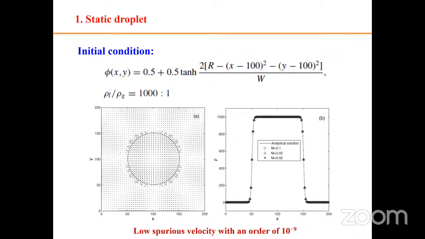In a physical model, I don't think so. But I mean, for this case it's just a static droplet, so it's not so difficult to capture the interface. But if the droplet is moving, you will have problems of numerical instability. Okay, makes sense.